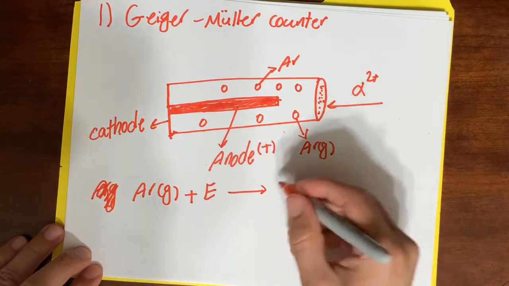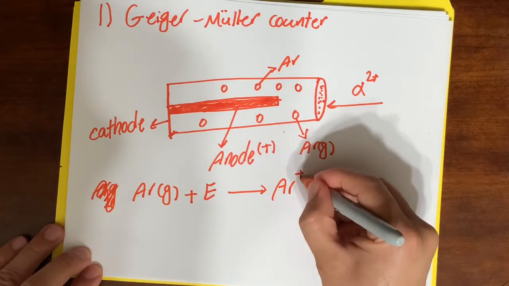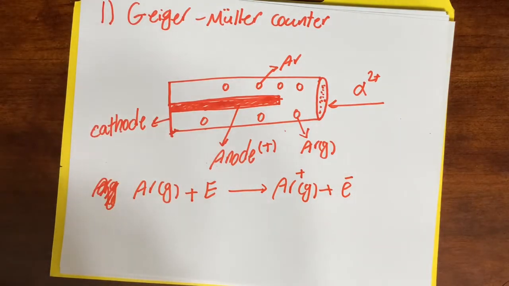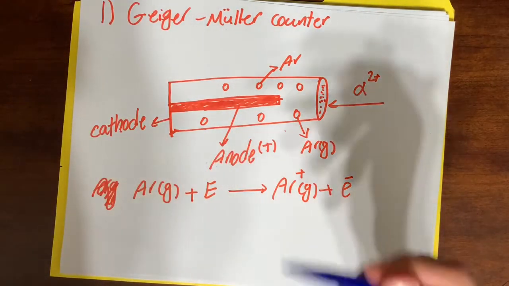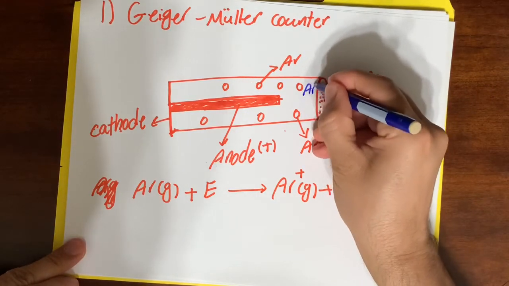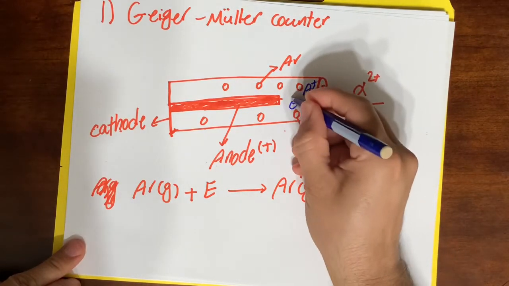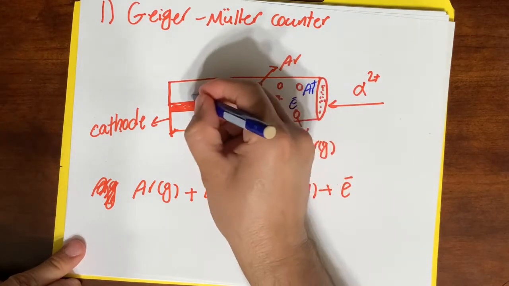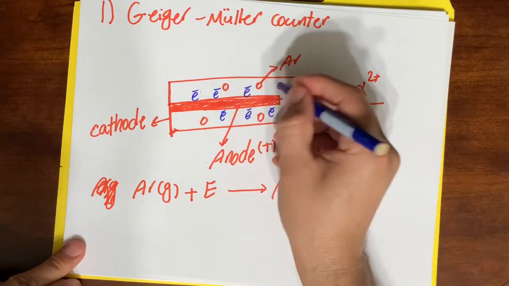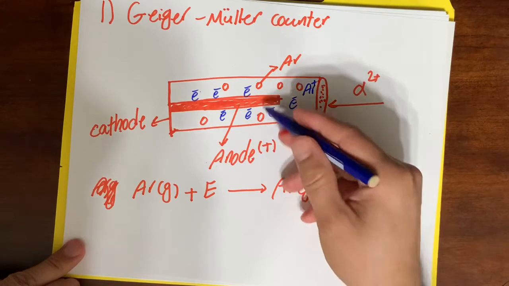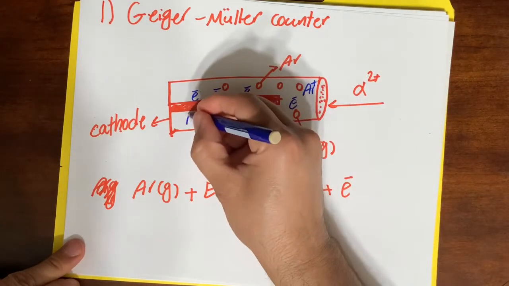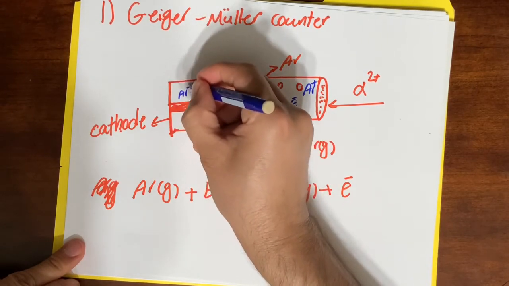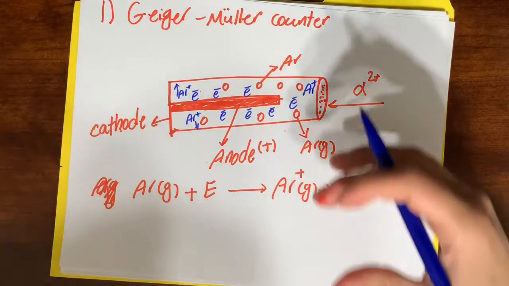What we will get is argon plus an electron. So we will have argon with a positive charge, and we will have electrons. Electrons will get close to the one that is positive, the anode. And the argon with positive charge moves outside, to the side of the container.